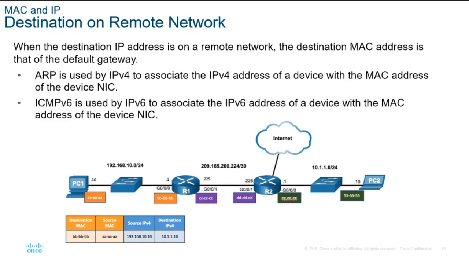ARP is used by IPv4 to associate the IPv4 address of a device with the MAC address of the device NIC. And ICMPv6 is used by IPv6 to associate the IPv6 address of the device with the MAC address of the device NIC.